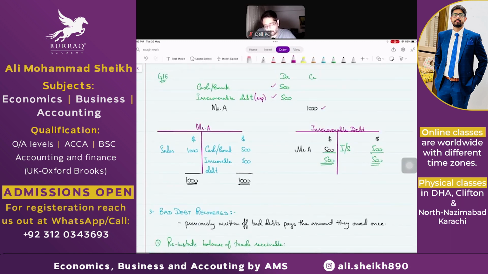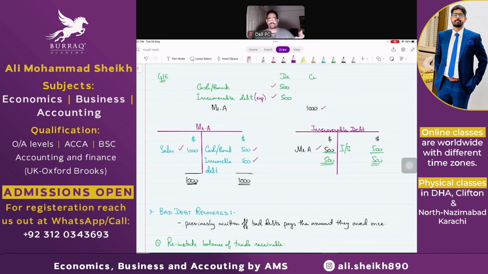Mr. A's account was debited before with sales of 1,000. Cash received of 500 will be credited in Mr. A's account, and the remainder, irrecoverable debt, will also be credited in Mr. A's account. The account will be balanced. In the irrecoverable debt account, Mr. A will be debited by only 500, not 1,000, because 500 was received and the remainder was bad debt. The entire amount will be written off against the income statement.